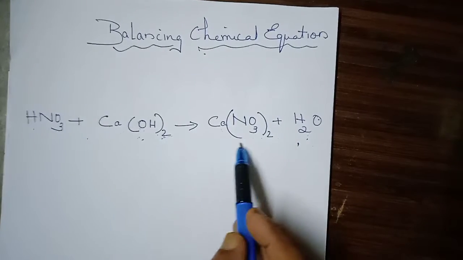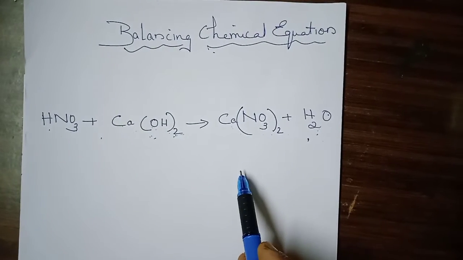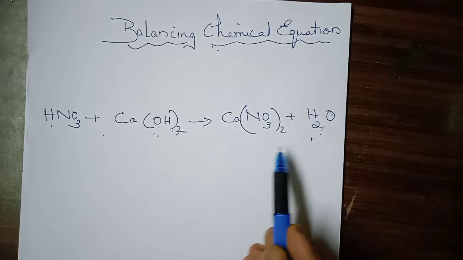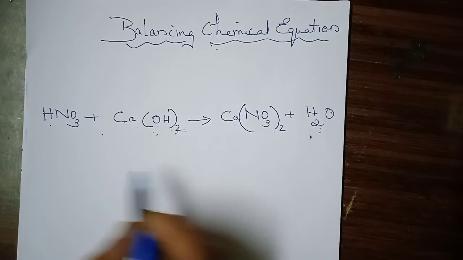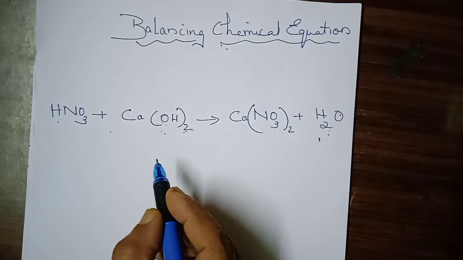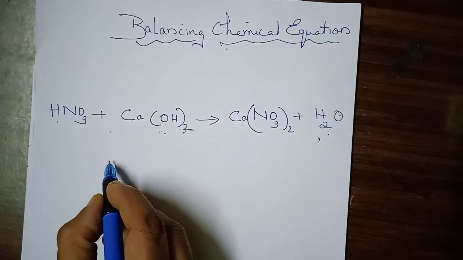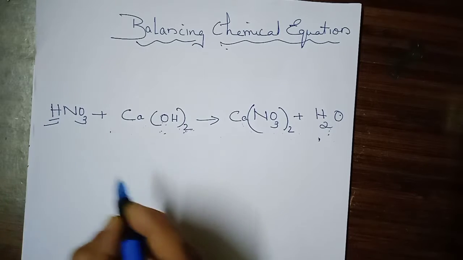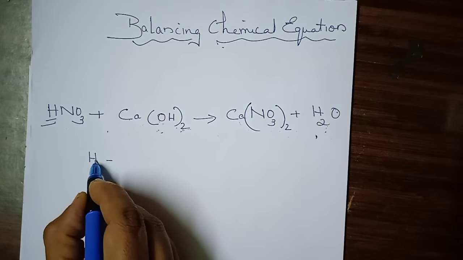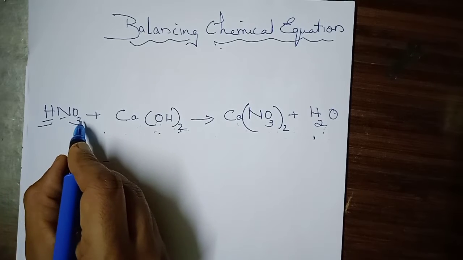Now here, let us first see whether the reactants and the products are balanced, that is, whether the elements on the reactant side and the product side are balanced. For that, let us first write down the element names on the left hand side as well as the right hand side, and also the number of atoms. First we have hydrogen. Then next, we need to take NO3 separately.